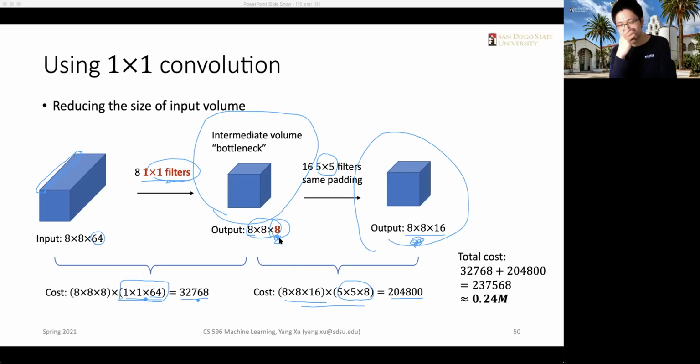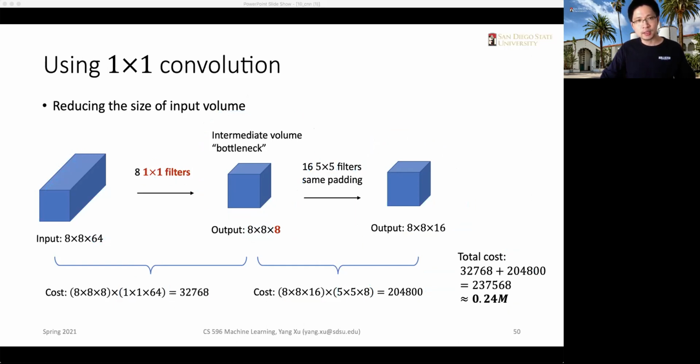So theoretically, this should reduce the performance a little bit, but it turns out that we can afford this. Even though the performance may be a little decreased, since we saved so much running time, so much computational cost, the trade-off is totally worthwhile.